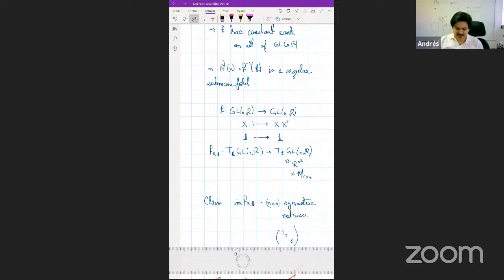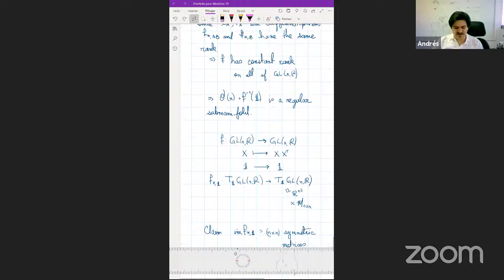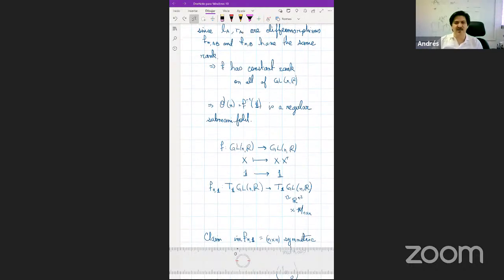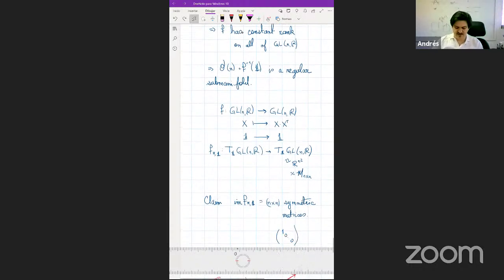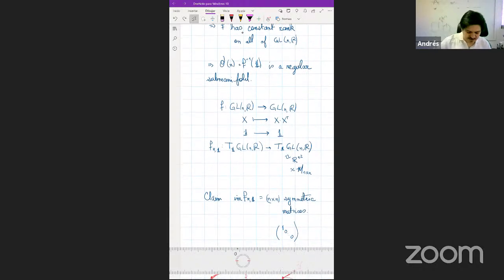Now, there must be a different way using LA and RA. But let me think about how to do that. And that's because we are missing the dimension. Okay?